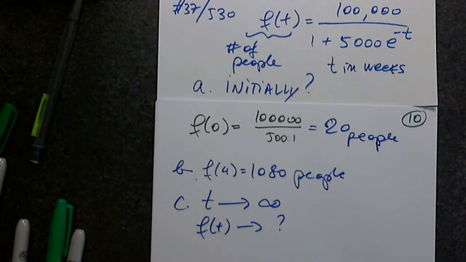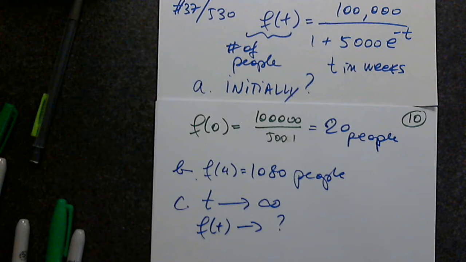So second table. If I want time 0, this is what I get, approximately 20. If I want 4 weeks, I get 1,080. If I want 25 weeks, if I want 50 weeks, if I want 400 weeks, if I want 1,000 weeks.